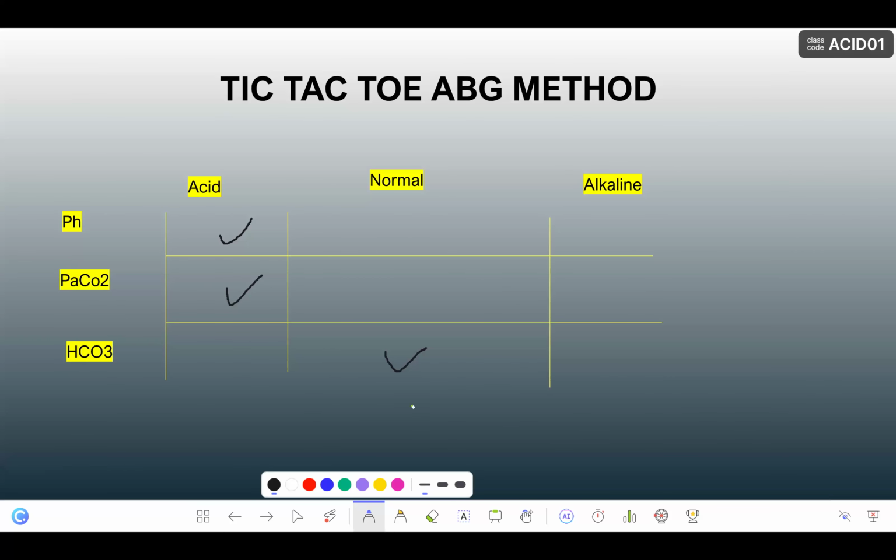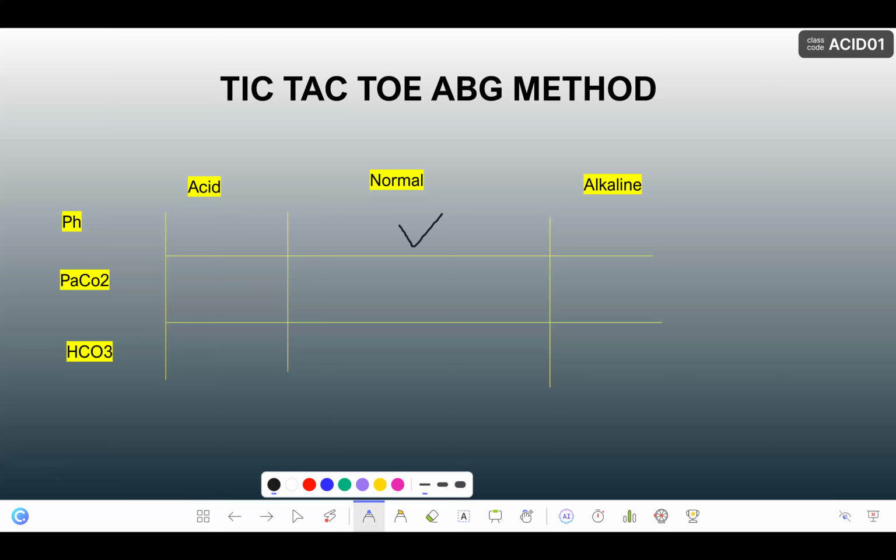All right, let's try another one. Our next one is a pH of 7.44. So we know we have a pH of 7.35 to 7.45. This falls within the normal pH, 7.35 to 7.45. So our pH is normal.